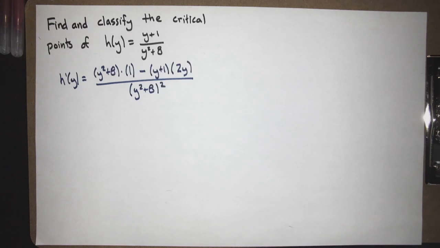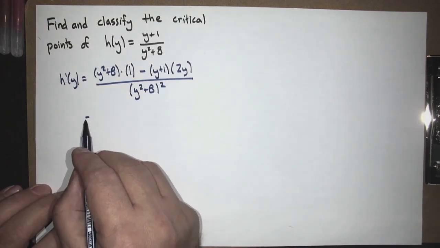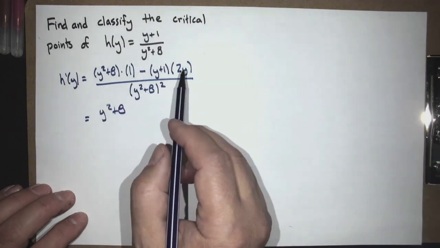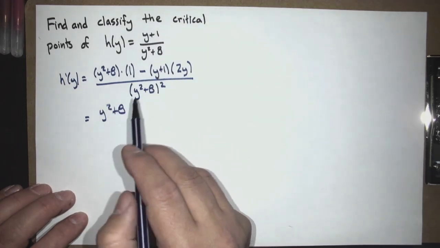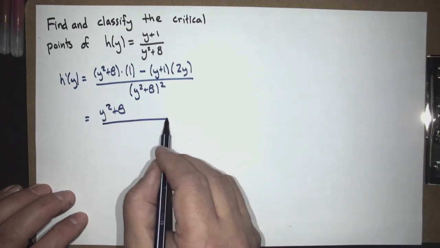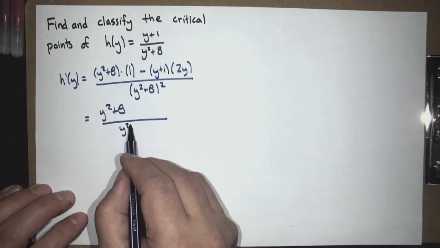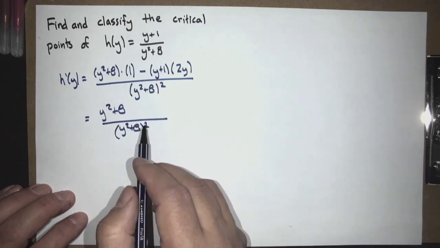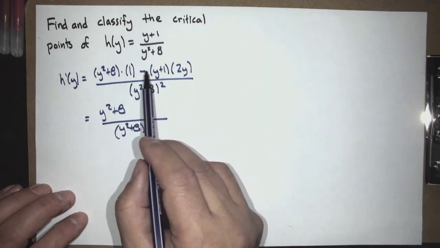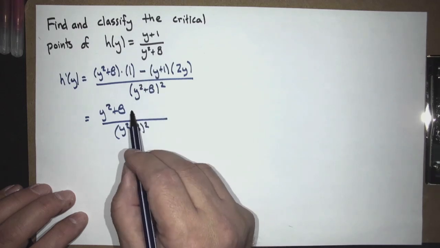Okay, we should probably clean this up because we have to work with it. So, what do we do? Well, y squared plus 8 times 1 is y squared plus 8. What will this part become? Distribute the 2y through, and don't forget about the minus.